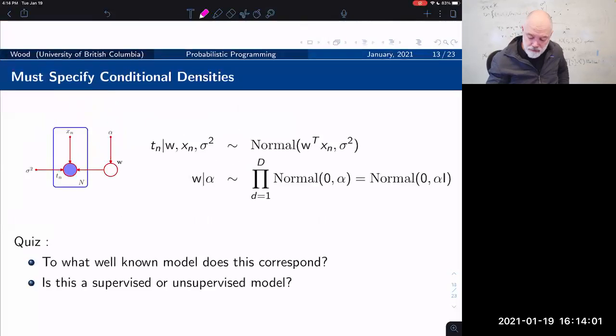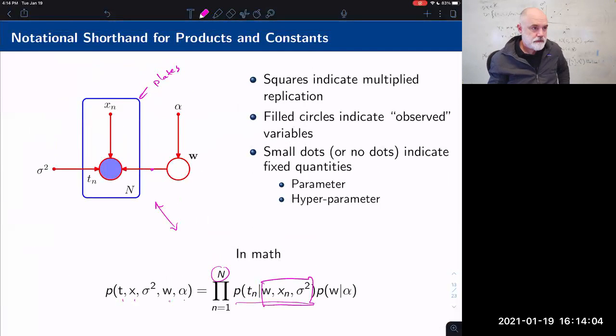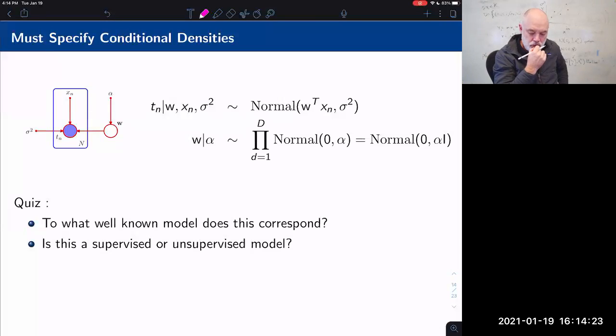So a graphical model is not very interesting in and of itself until you make a determination of what these probabilities are. What are the density functions that govern these variables? So you have to specify the conditional densities.